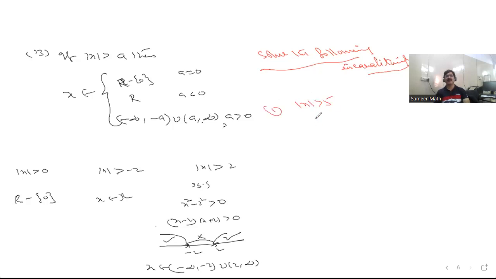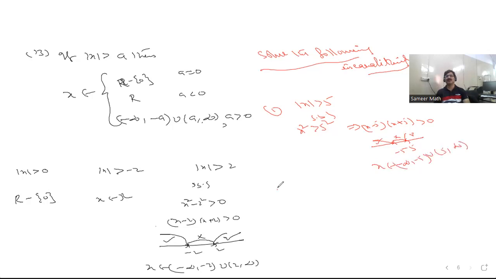Think about whether you can write the answer directly. Squaring, greater than 5 square, and after SBS you can write x minus 5, x plus 5 greater than 0. I want to tell you something different. My interest is to introduce some new technique here. So x belongs to minus infinity to minus 5, union 5 to infinity.